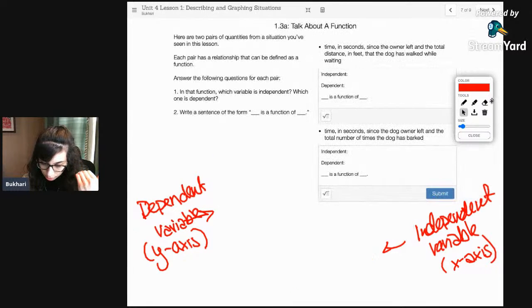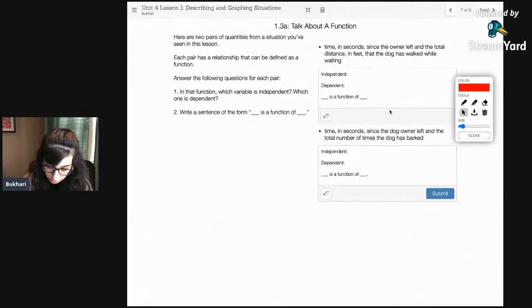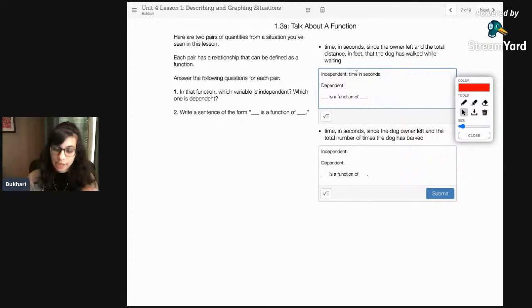And so then I want you to get a little bit more practice with what your independent and dependent variable is. Time in seconds since the dog owner left, and the total distance in feet that the dog has walked while waiting. I know that here my independent variable is time in seconds. I'm inputting the time and I want to find out the distance.